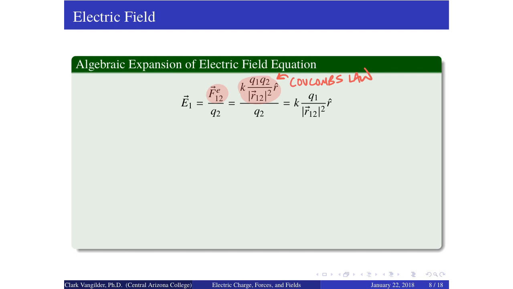That k Q Q per r squared is the full expression of the electric force. The electric field is defined as that force per unit charge. And so this charge 2 and that charge 2 are going to drop out, and you end up getting what we were pointing to a minute ago.